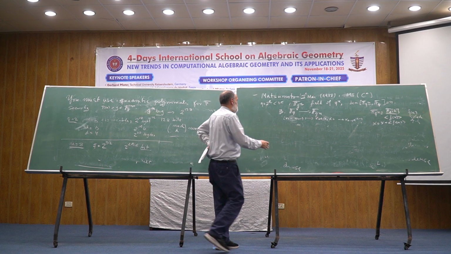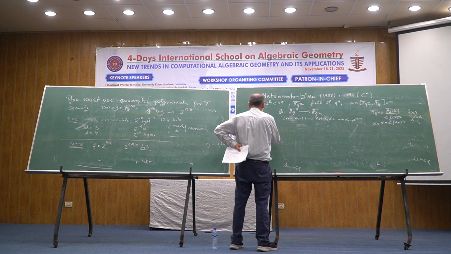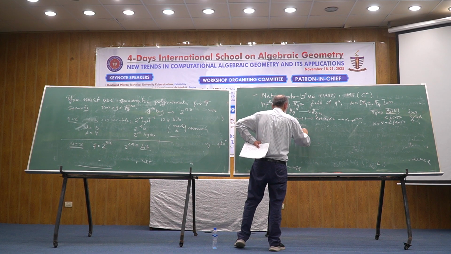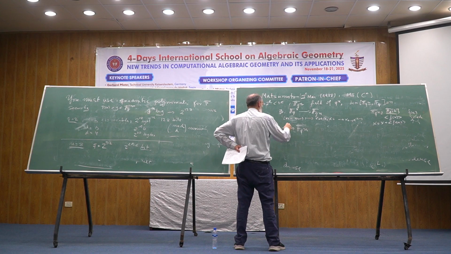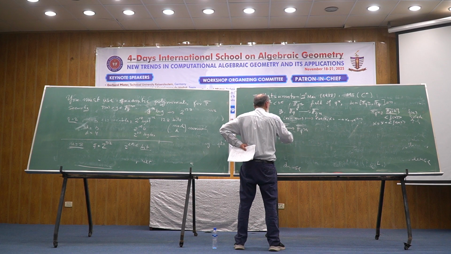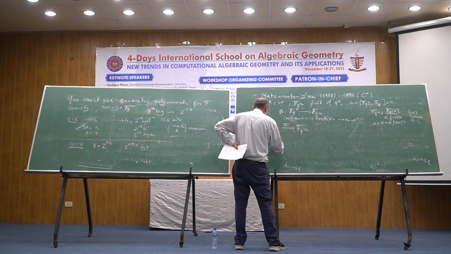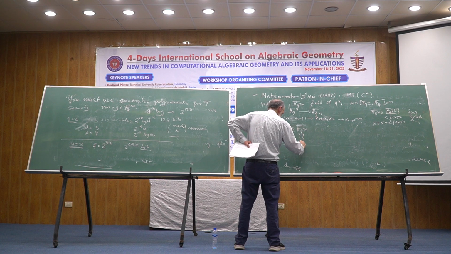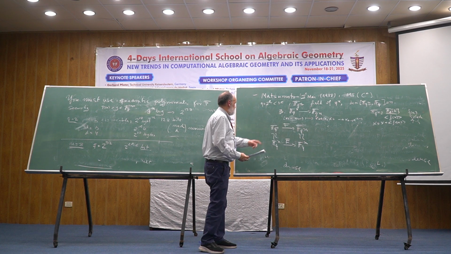Then the idea, I mean the design, is to use this isomorphism to get a map that is easy to invert. Here we have the isomorphism to F_q^n, and then this is easy to invert.